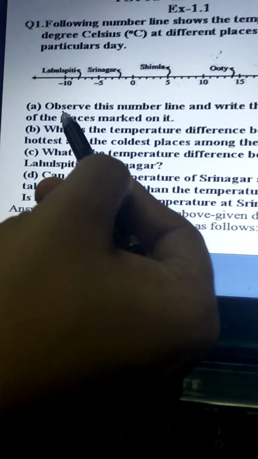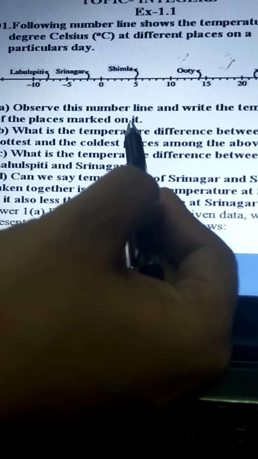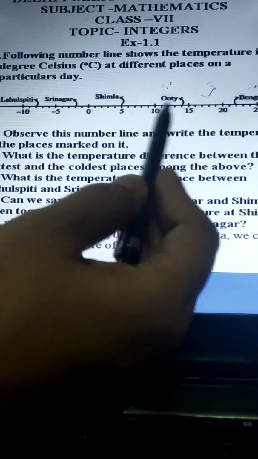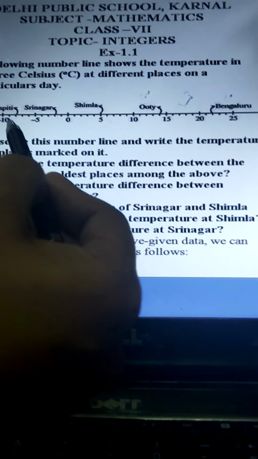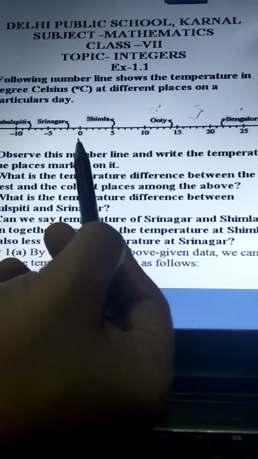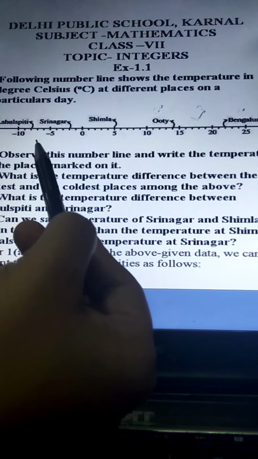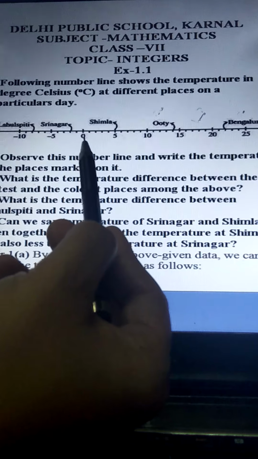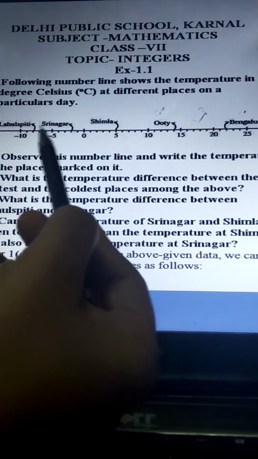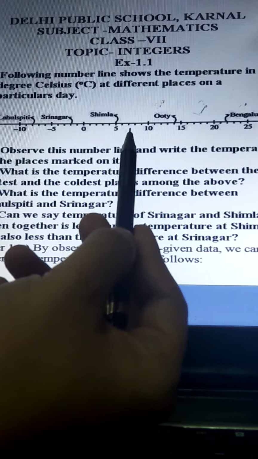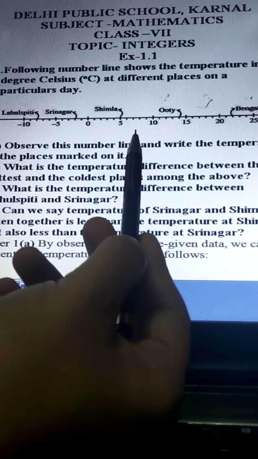Now students, the very first part is observe this number line and write the temperature of places marked on it. So students, on this number line you can see some places has been marked on it and you have to write the temperature of these places. Students, you people have studied about number line in class 6 also, and you are well versed with this thing that the numbers on the left of 0 are the negative numbers and the numbers on the right of 0 are the positive numbers.